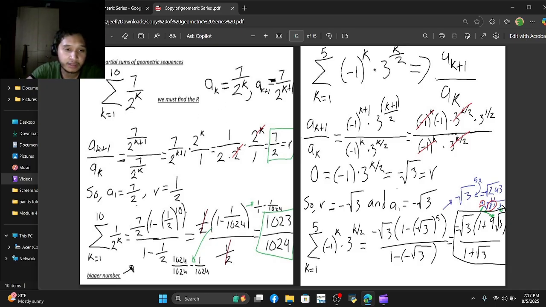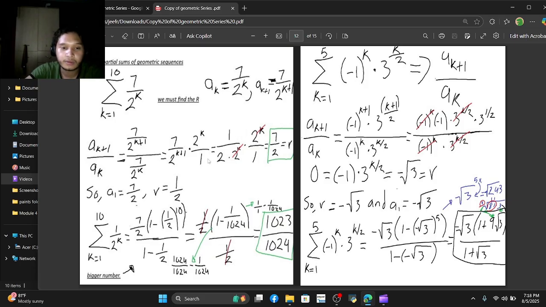So to get the ratio, we take the higher term in terms of the equation of the sequence. The only thing that we do here is this k gets added 1, and the lower one just gets k. So we just flip it.